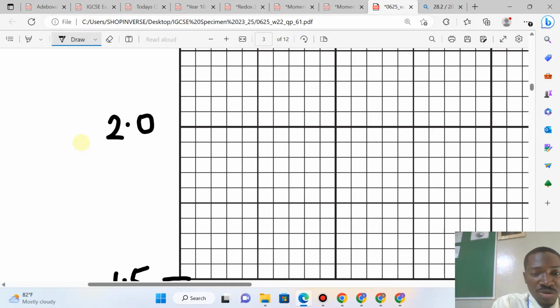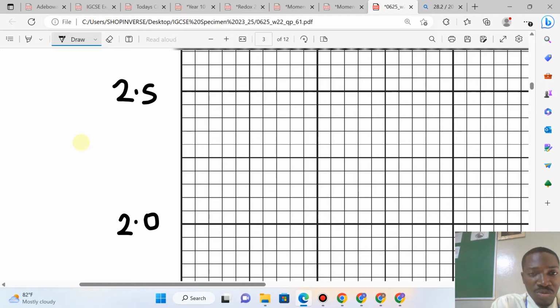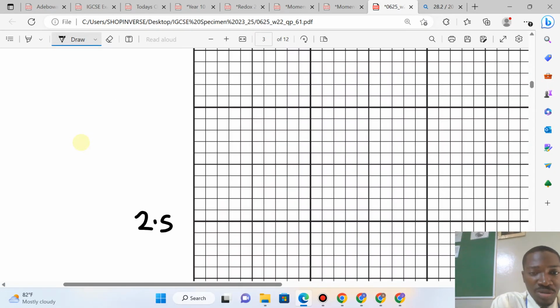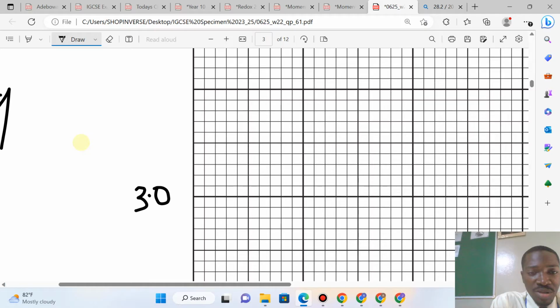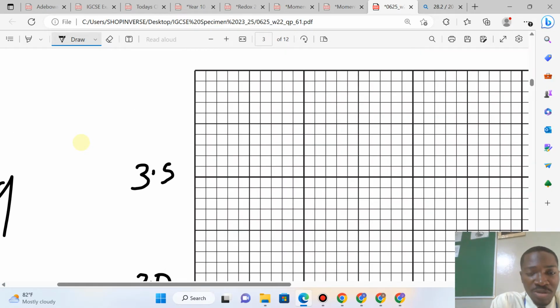The next value will be 2.5. The next value will be 3.0, and then 3.5. Then the last value will be 4.0. You can stop it at 4.0.